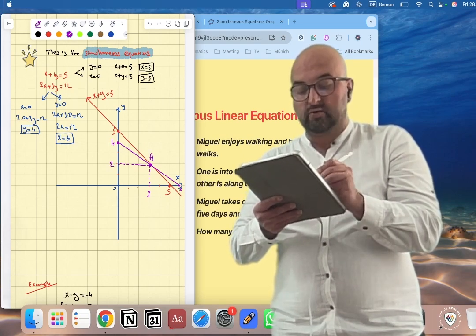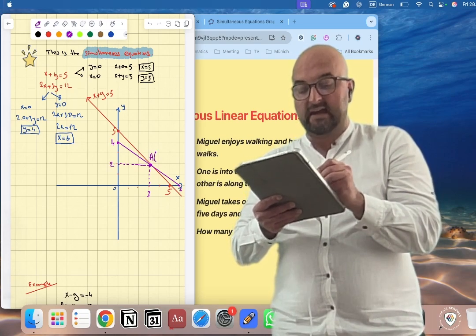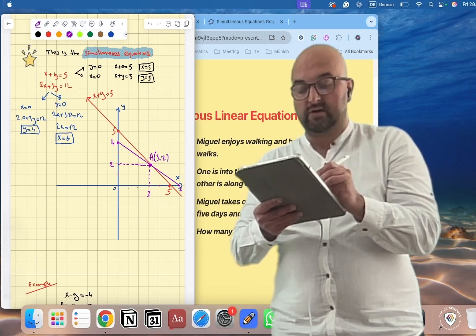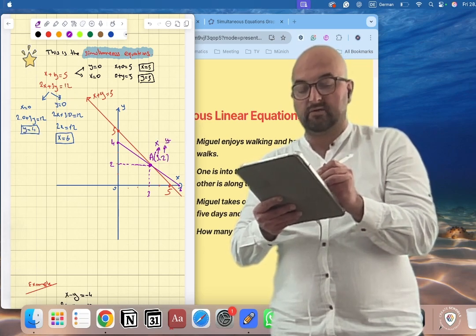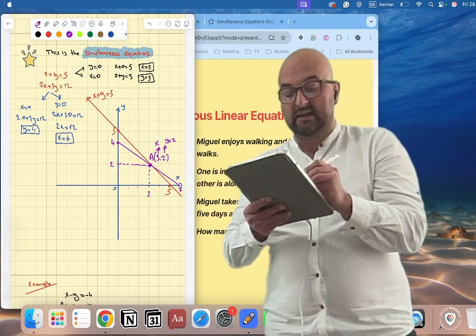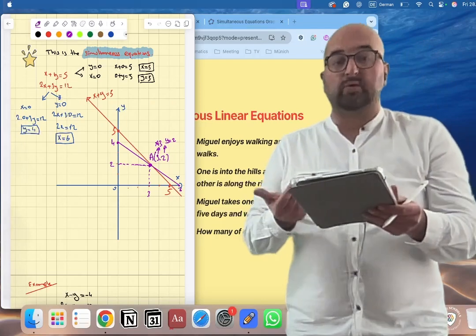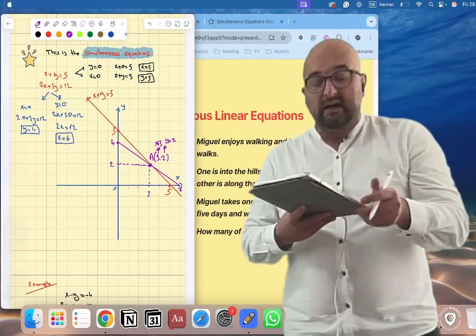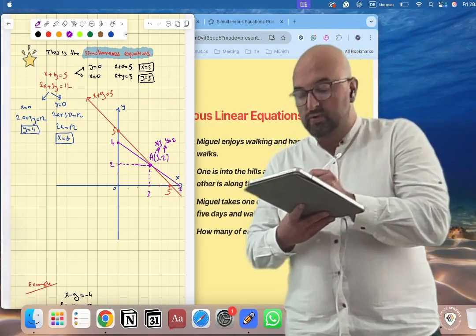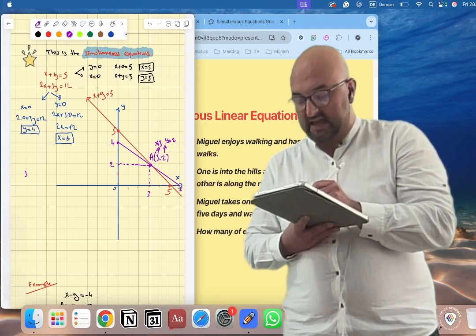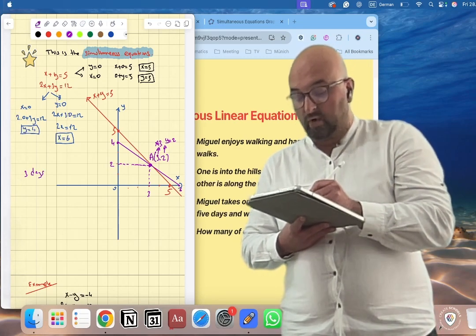So you can call this point A, (3, 2). So it means x is 3, y is 2. So it means Miguel walks into the hills during 3 days. 3 days walk into the hills.